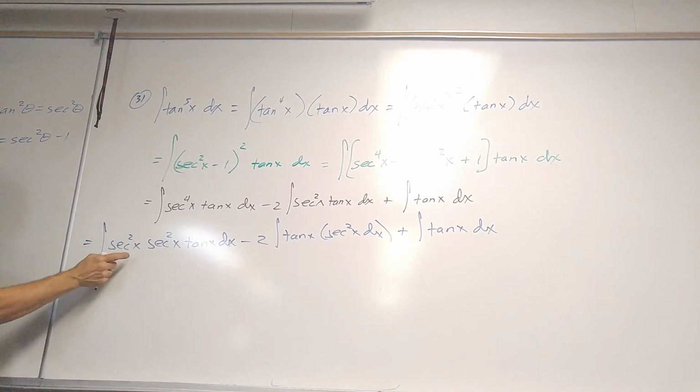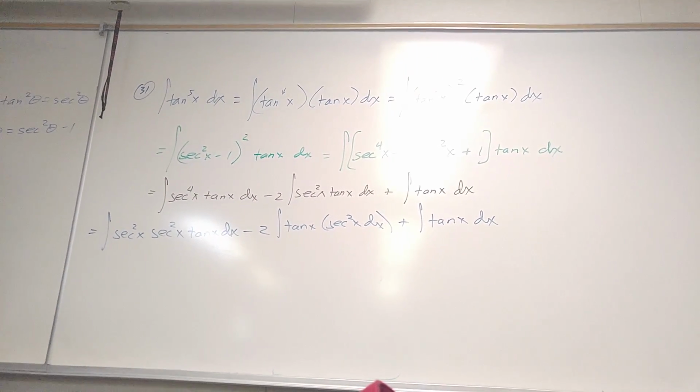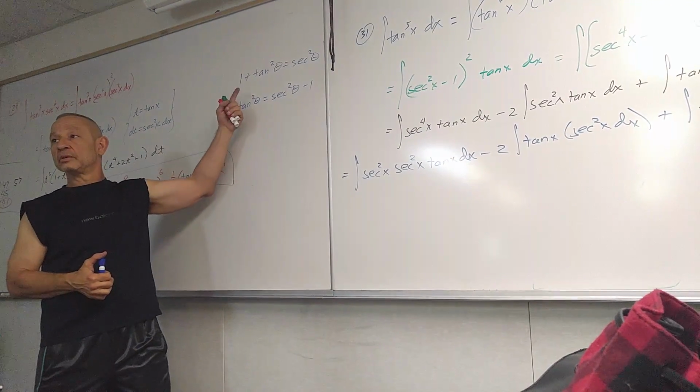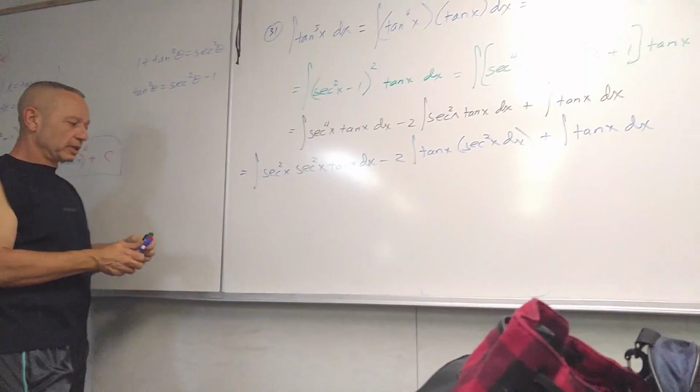See, this is good because I take one of these secant squareds and rewrite it as 1 plus tan squared.